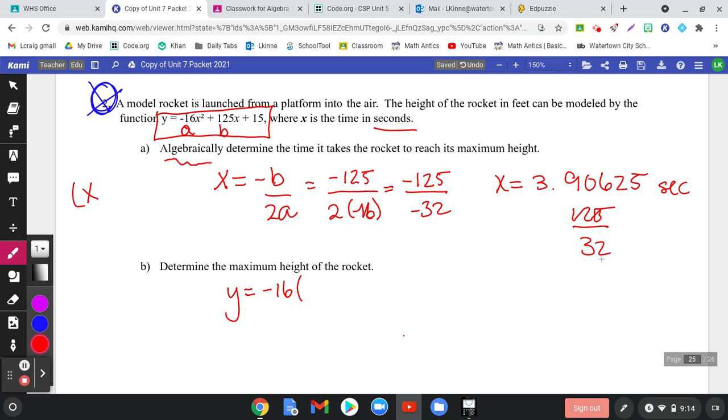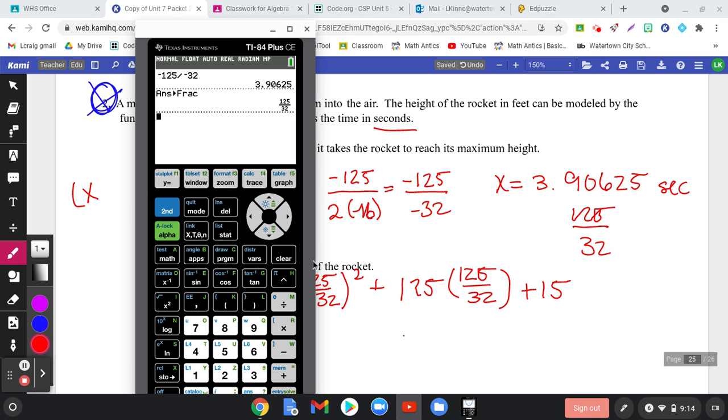Use this actual fraction: y equals negative 16 times 125 over 32 squared plus 125 times 125 over 32 plus 15.